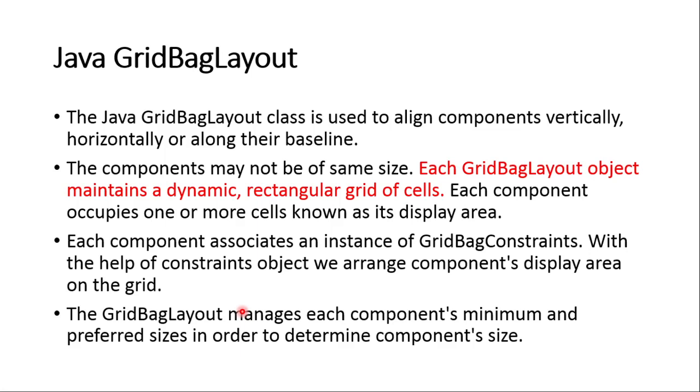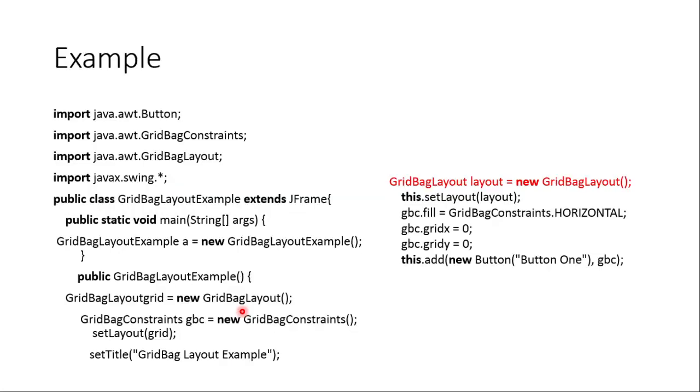You have to specify the layout like grid layout, and you will specify 3 cross 3 or 2 cross 2 or whatever you want. So all these changes will be uniform in grid layout, but in grid bag you can maintain a dynamic size of the grids. Fine. So the program goes like this. I have imported GridBagConstraints, GridBagLayout, and Swing, and there is a class which extends JFrame, and in the main method I'm just creating an object for this class.